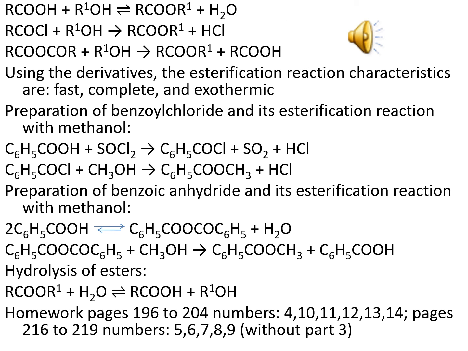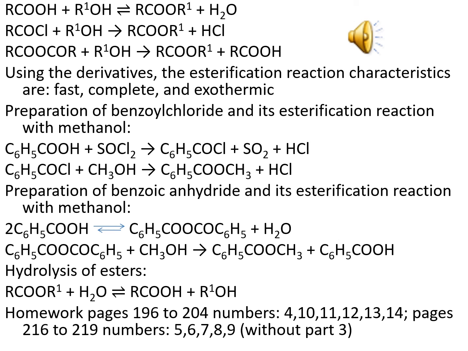Okay, let's shed some light on esterification reactions now on this last slide. Carboxylic acid with an alcohol produces ester plus water, and the reaction is reversible. The reaction is incomplete, limited, slow, and athermic. Now look at what happens when you use the derivatives in the esterification reaction. When you use the acyl chloride with the alcohol, you produce the ester plus HCl.